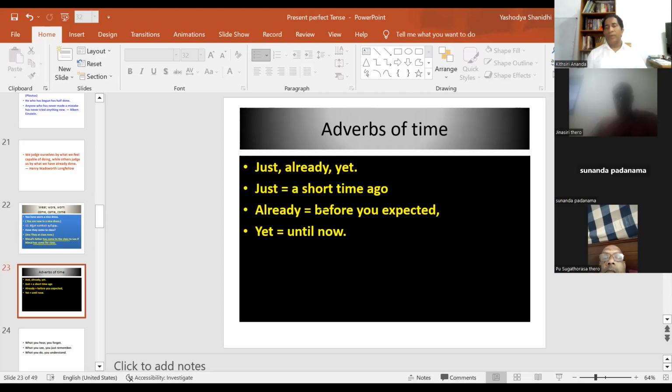There are a few important things that we need to make clear with regard to the present perfect tense. So now onwards, we move on to understand those different practical aspects.